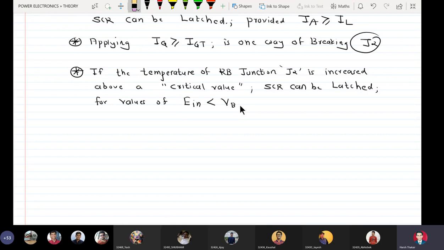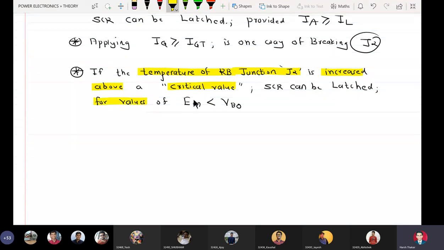I repeat, if the temperature of the reverse biased junction J2 is increased above a critical value, SCR can be latched for values of applied voltage less than the breakover voltage.